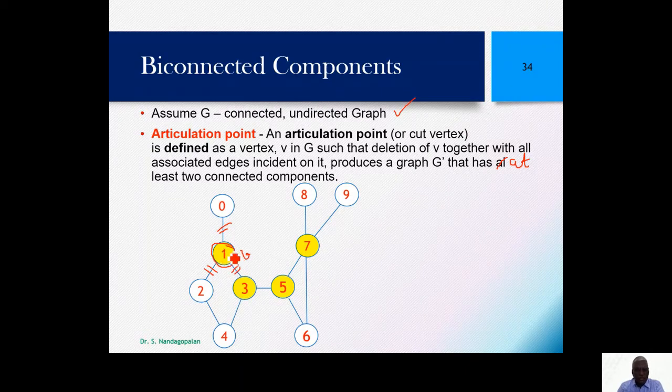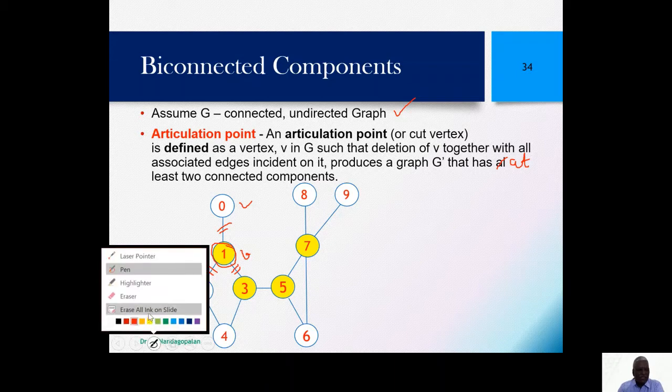Now after deleting this vertex plus the associated edges, I am left with vertex 1, 2, 4, 3, 5, 7, 8, 9, 6. So this is one connected component and this is another connected component. So I am getting 2. So it's fine, right? So this is an articulation point.